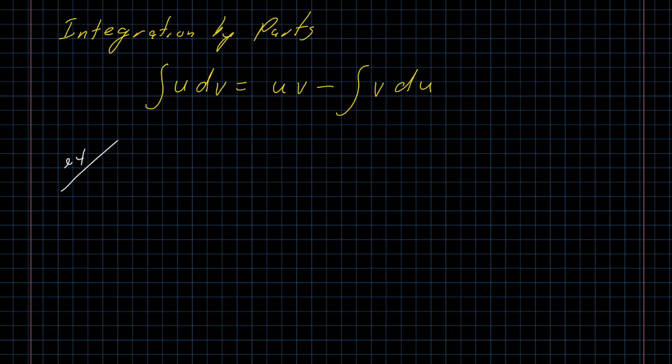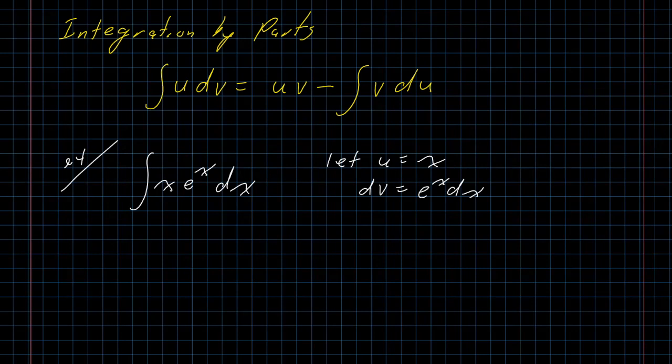The classic example for integration by parts is the integral of x times e to the x dx. There is no elementary way of doing this unless you just happen to know what the integral comes out to. But if we let u equal x and we let dv equal the rest of it, e to the x dx, then we can figure out what du is by differentiating.